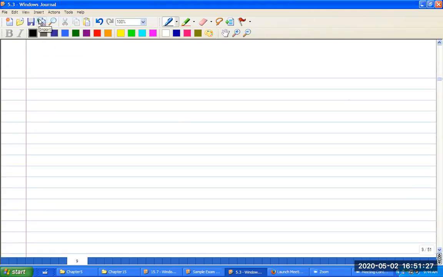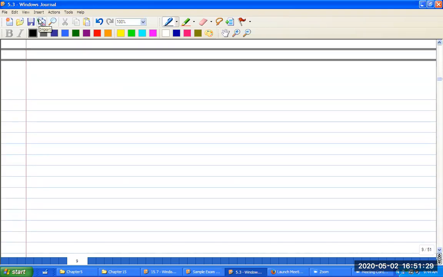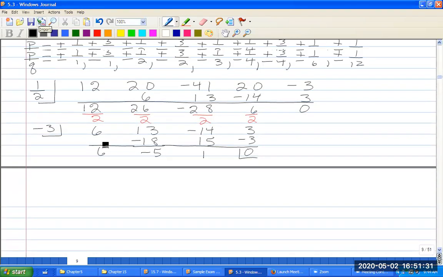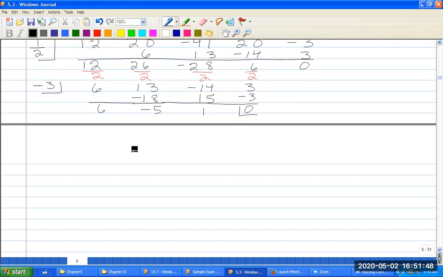Okay. So now, notice I have 6x squared minus 5x plus 1, so that's a 2 and a 3. Oh no, it's a 6 and a 1. Let's try a half again.